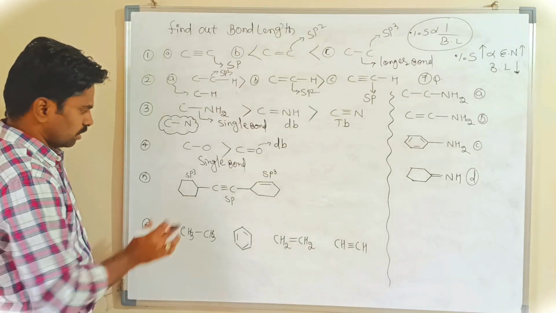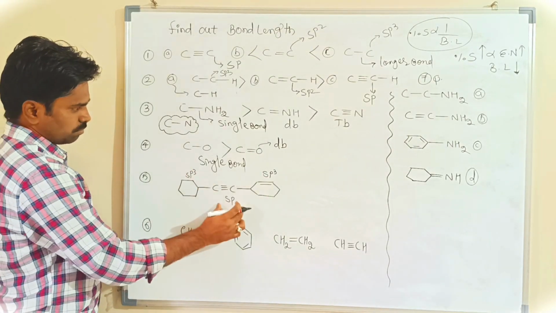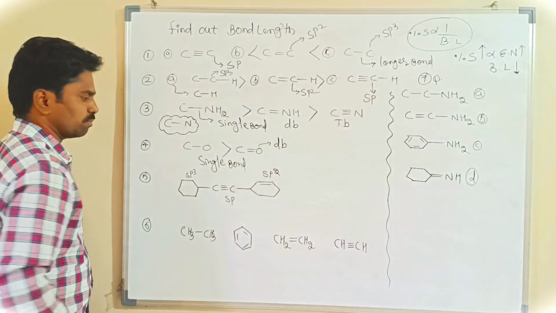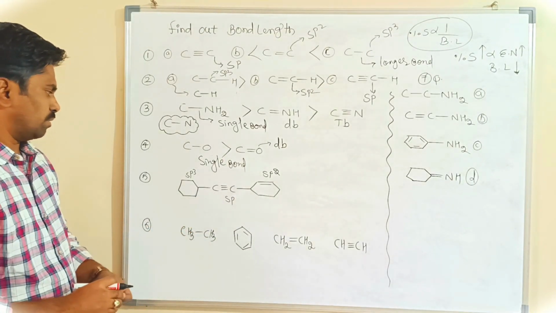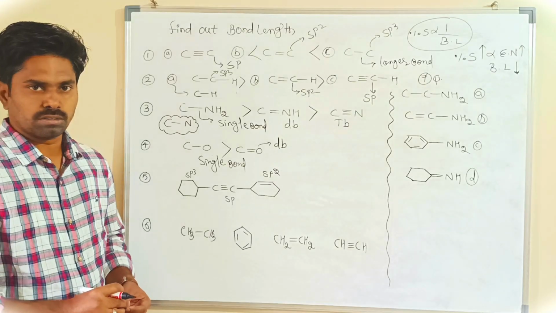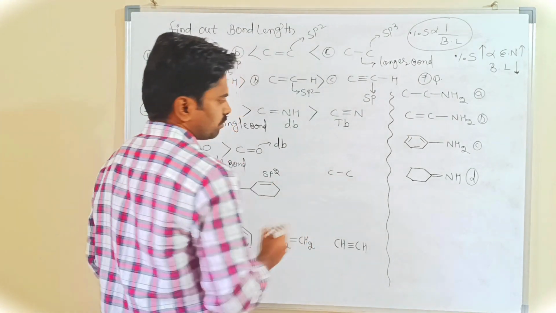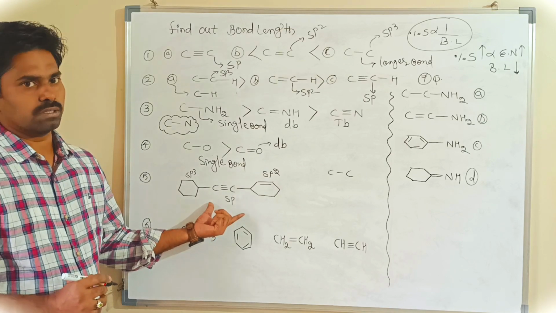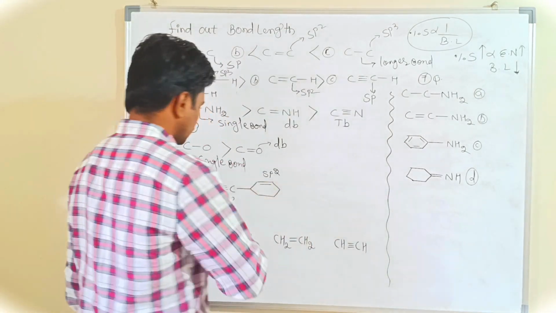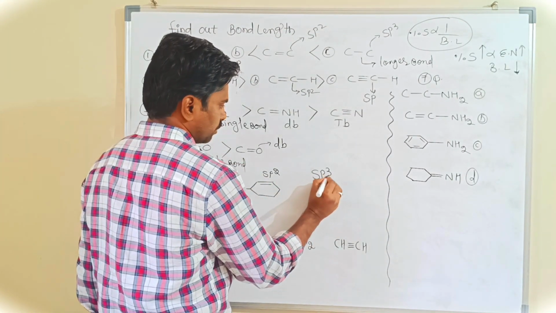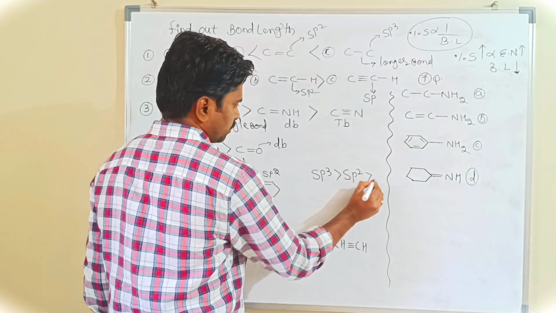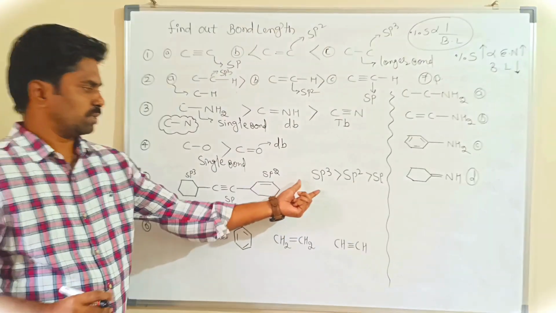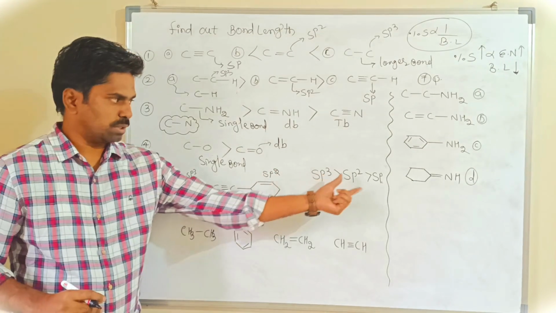Here the hybridizations mentioned are sp3, sp2, and sp. Sorry, this is sp2, and this is sp3 and sp2. Which has the longer bond between the carbon and carbon in this question? The highest bond length is in sp3, then sp2, then sp. The bond length of sp3 is greater than sp2, then sp.